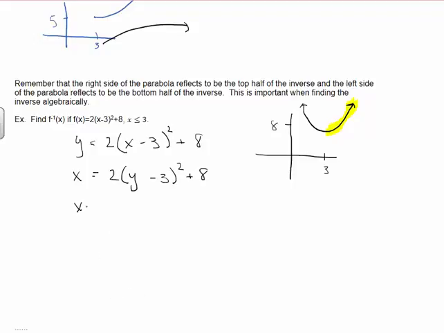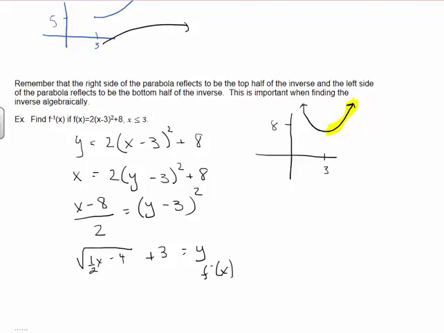So now we're going to have x minus 8 all over 2. We did a few steps together there. Got to be able to combine some now. And now I square root this side. Plus or minus the square root of (x minus 8) over 2, plus 3 equals y, or stating that as the inverse function there.